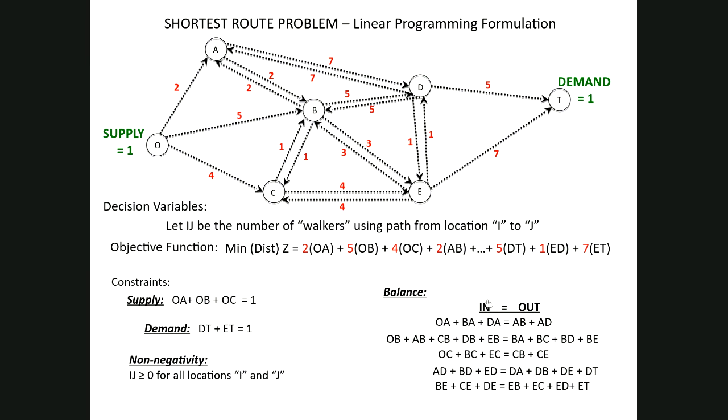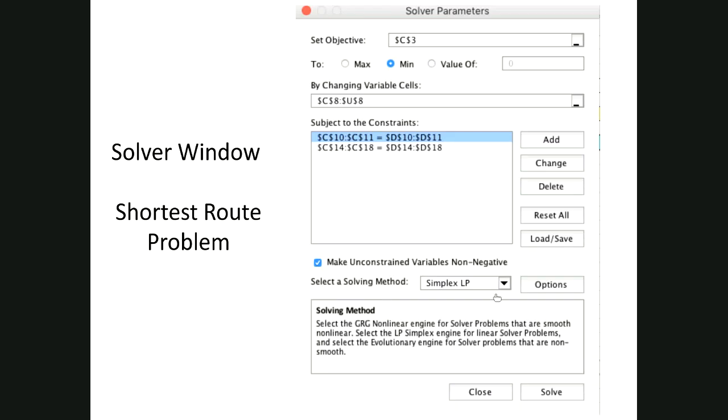Now, in the next video, I'm going to go through and show you the Excel solution to this problem. You can come back and look at this, but this will correspond to the Excel solution. This is the solver window. Again, I want you to be sure to realize that this is a minimization problem.